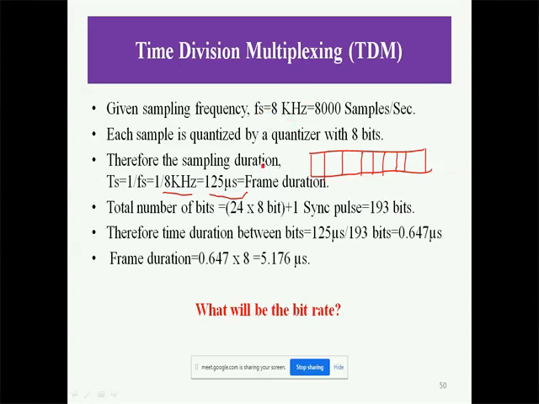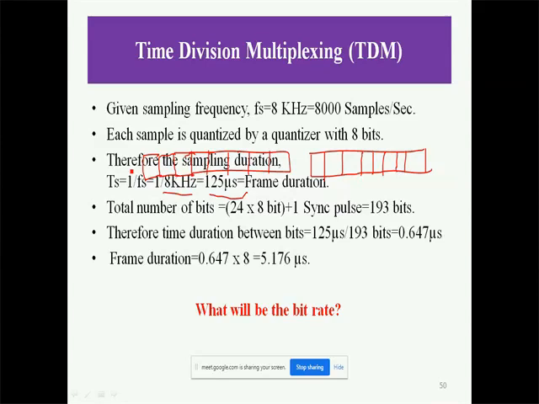So these 8 bits are there. As 24 channels are there, in this way 24 channels will come here, each with 1, 2, 3, 4, 5, 6, 7, 8, so 8 bits each.